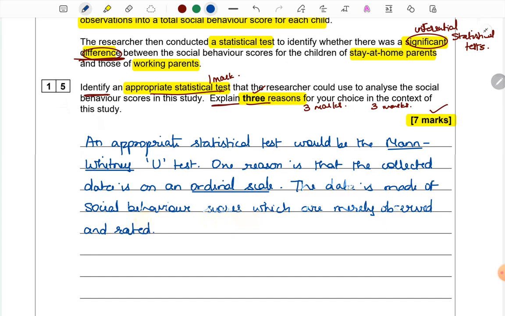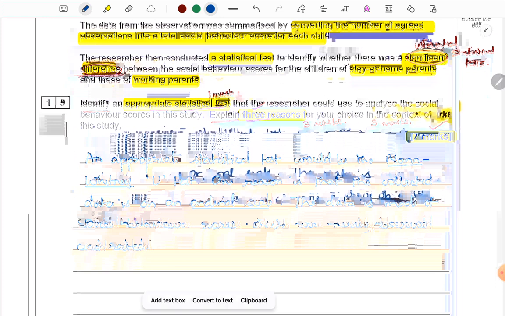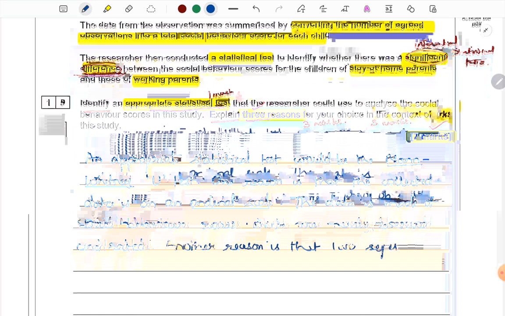That's all I need to justify. The next point I can give is another reason is that two separate groups are being compared.